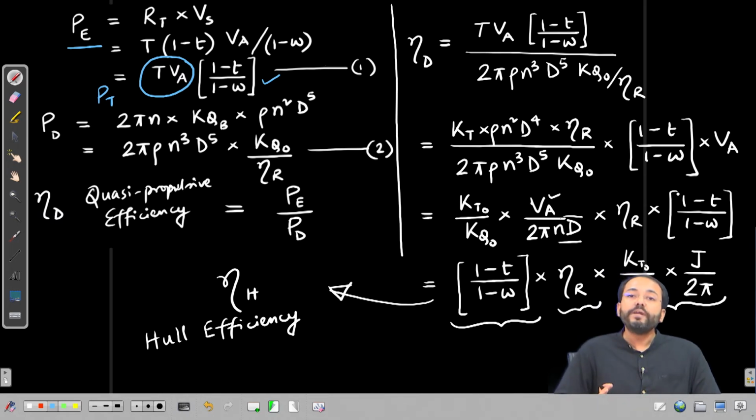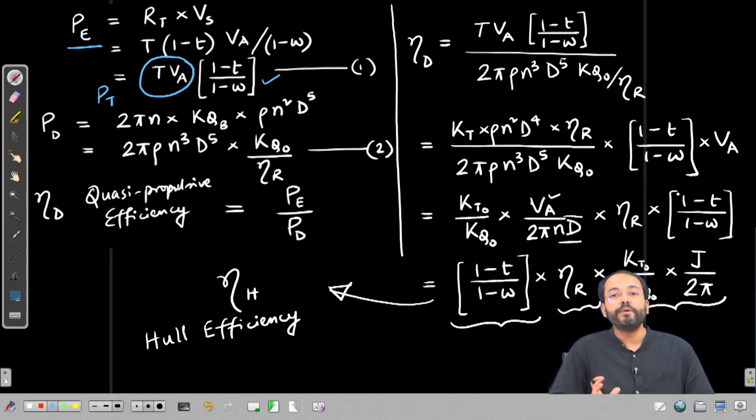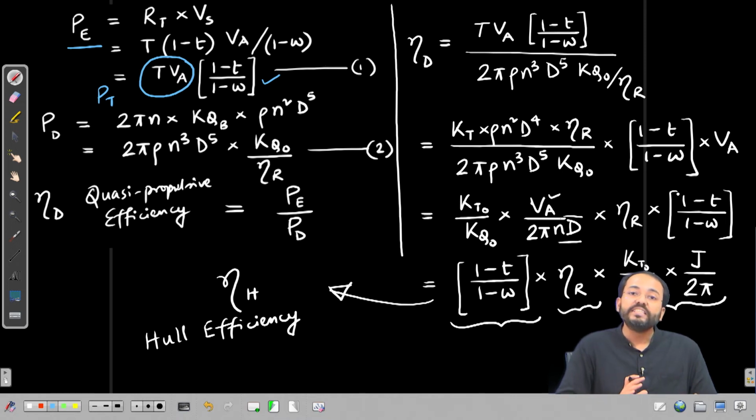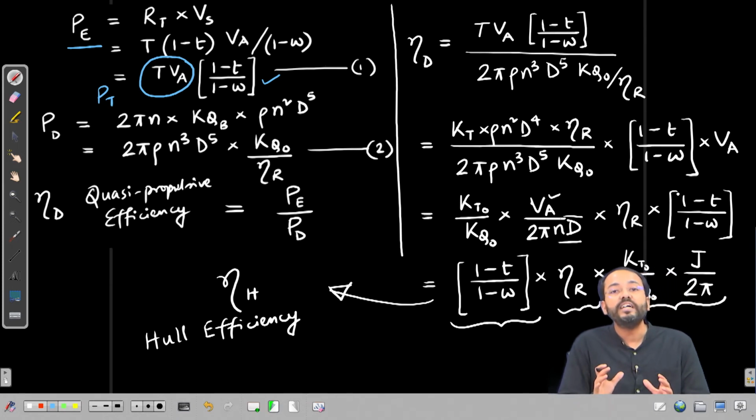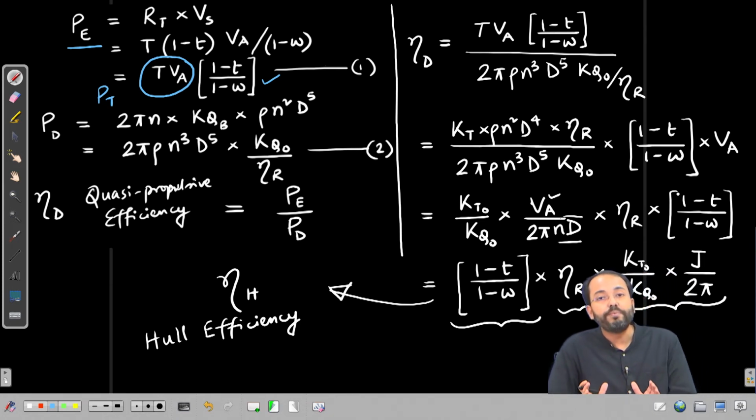So, the propeller generates a thrust power, which is the thrust multiplied by the advance speed. Now, the effective power is the final power which is required to drive the ship forward at a specific speed. So, how is the thrust power related to the effective power? That will depend on the configuration of the ship in the stern region.